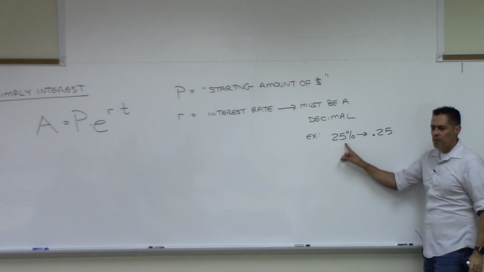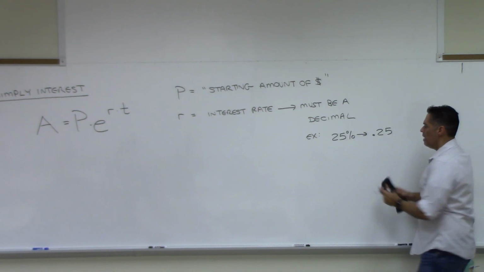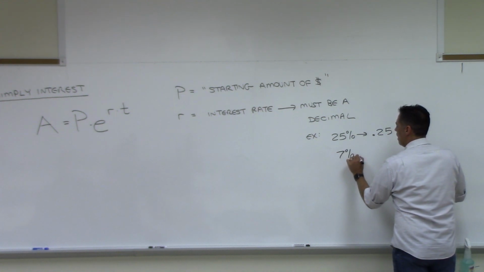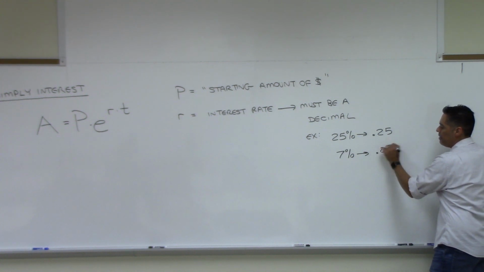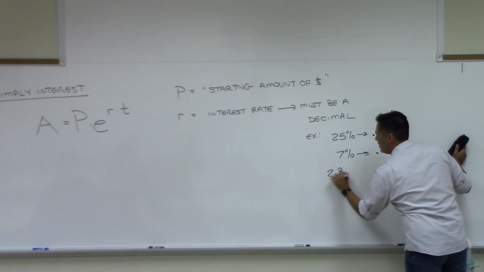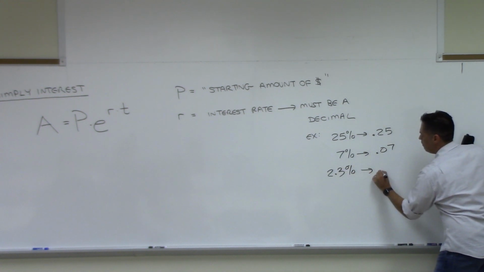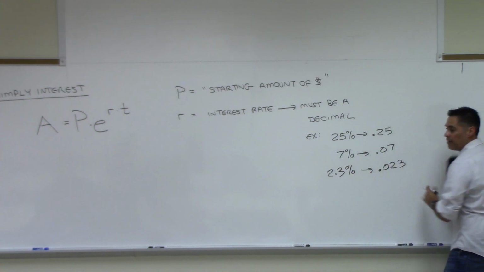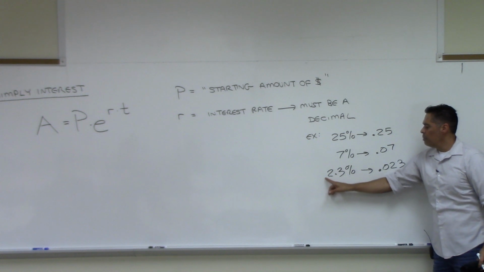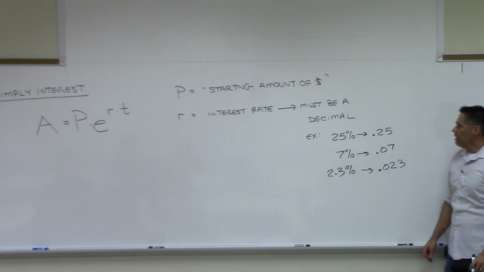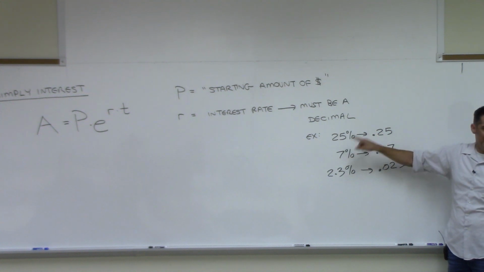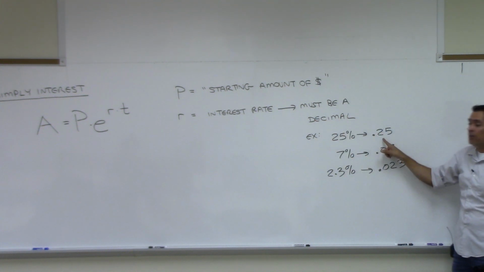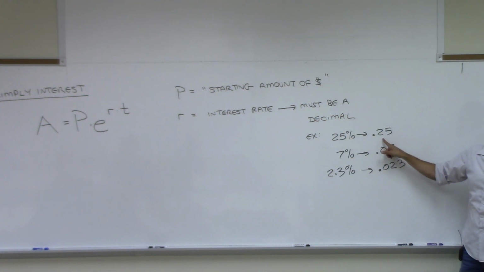We take the decimal and we move it 2 places to the left. If it was 7%, it would be 0.07. If it was 2.3%, it would be 0.023, right? So you're always just moving the decimal 2 places to the left. In the formula, you must be using the decimal, not the percent. You can't plug 25 into that, you have to plug 0.25 into that. Okay?